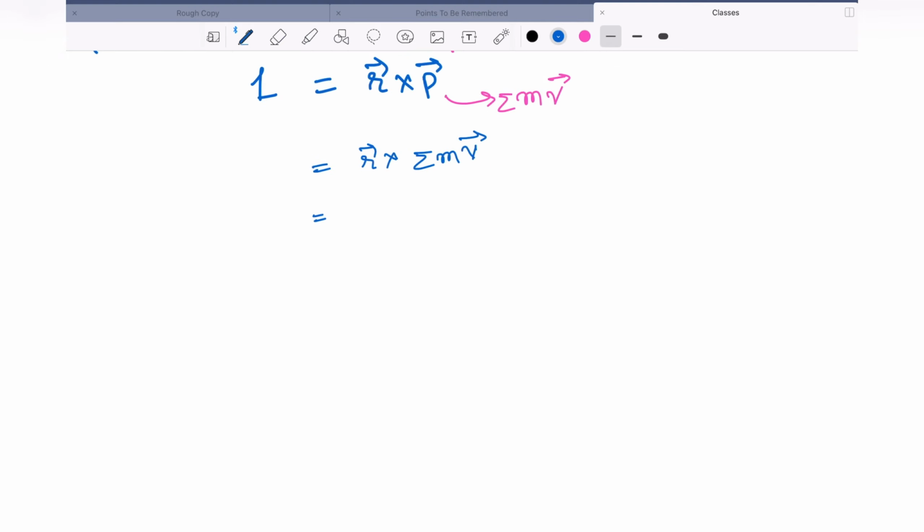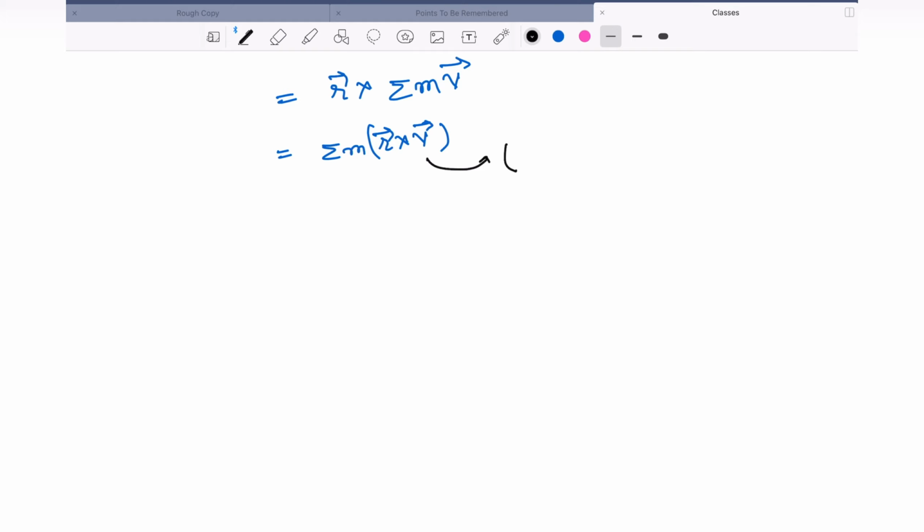Now as m is a constant, I can take it out and write r cross v. Here this v is a summation of translational plus rotational motion. So I can write u as the translational velocity, and the rotational velocity is given by omega cross r.